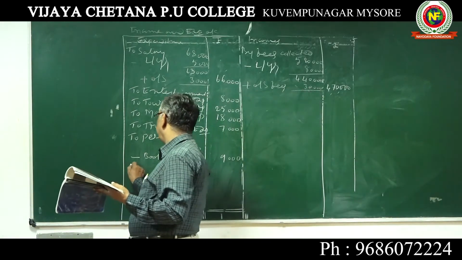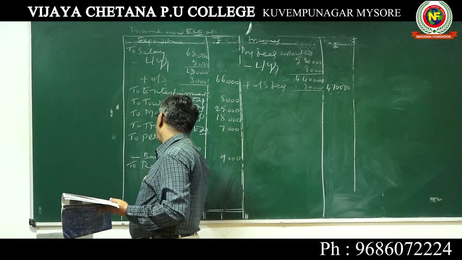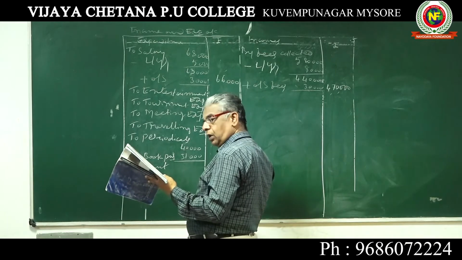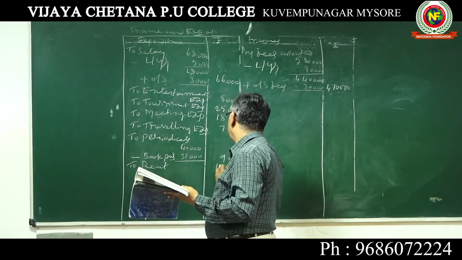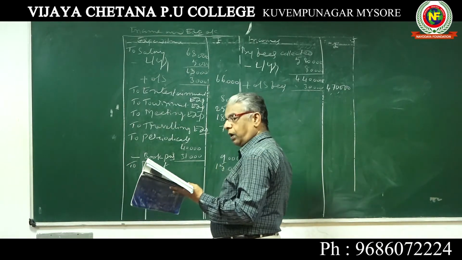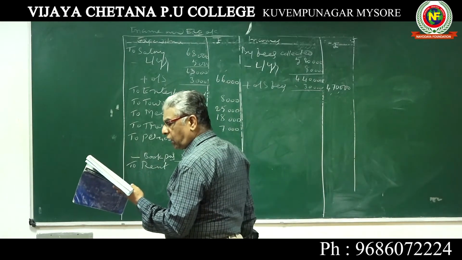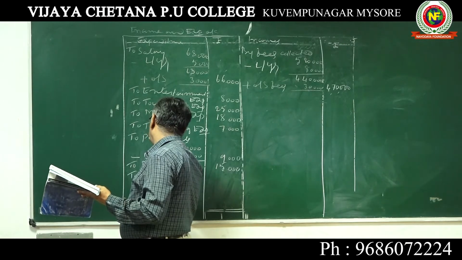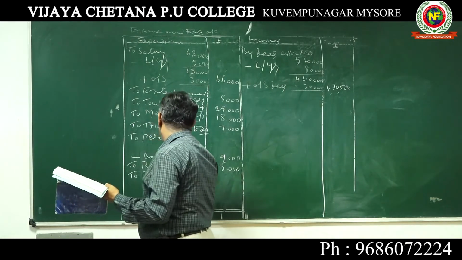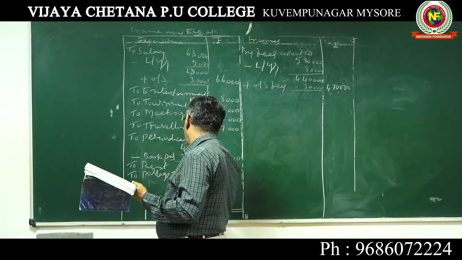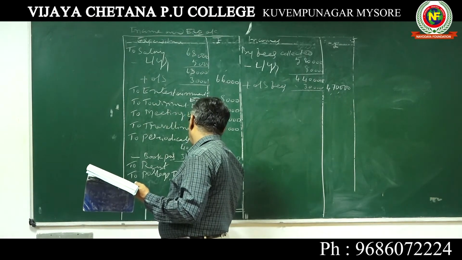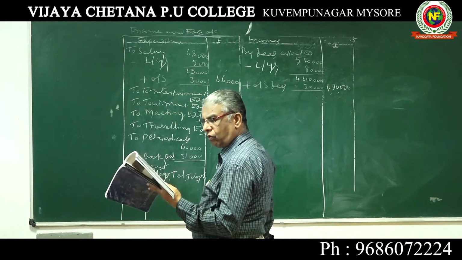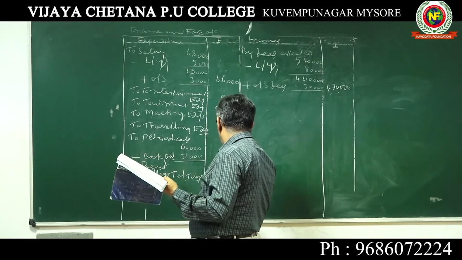And then rent, 15,000, no adjustments. Postage, telegrams and telephone, 6,000 rupees.